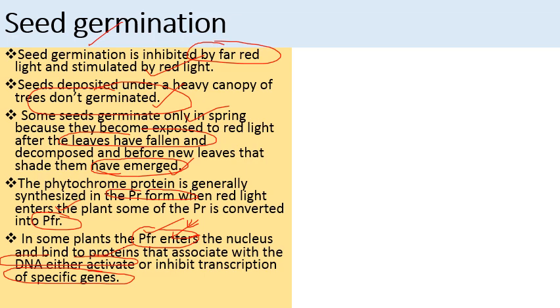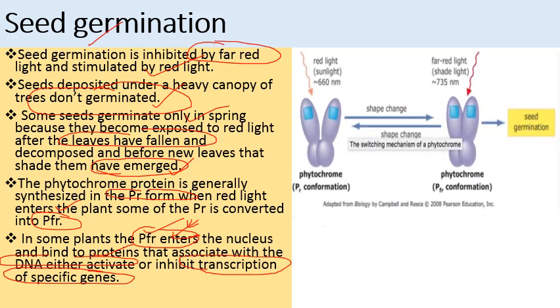It can activate or inhibit the transcription of certain required genes. So this is the phytochrome, this is the Pr form and it is converted to Pfr form which is the activated form, and this form is responsible for seed germination.